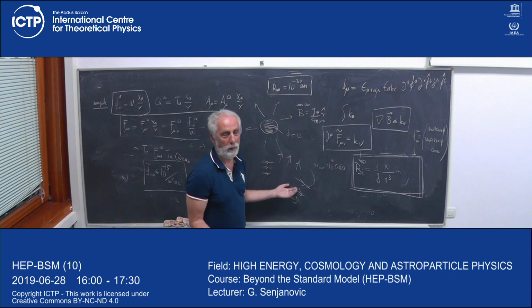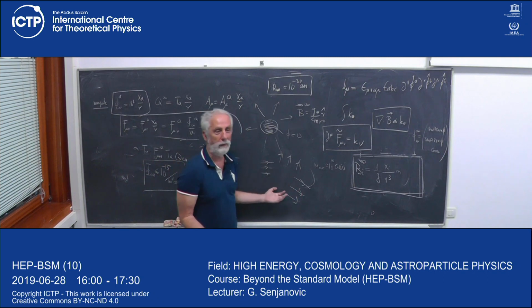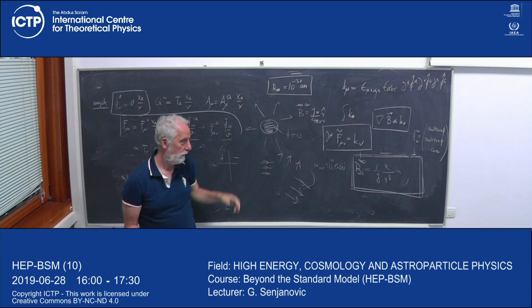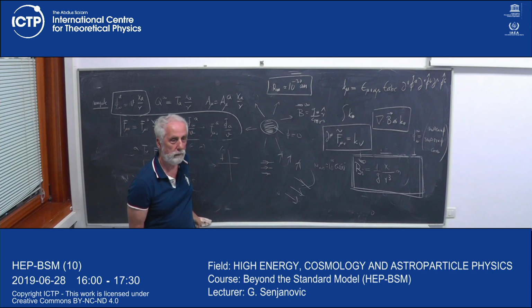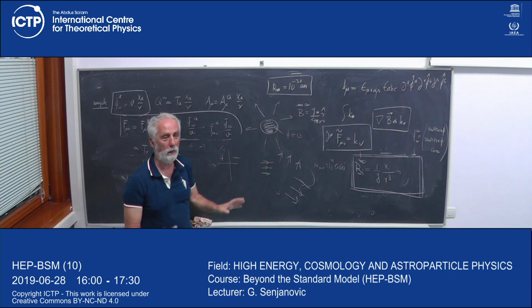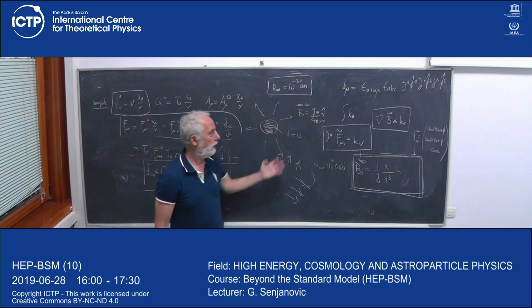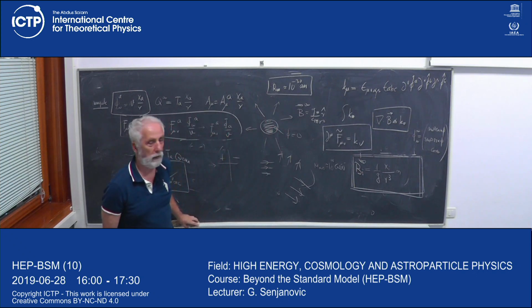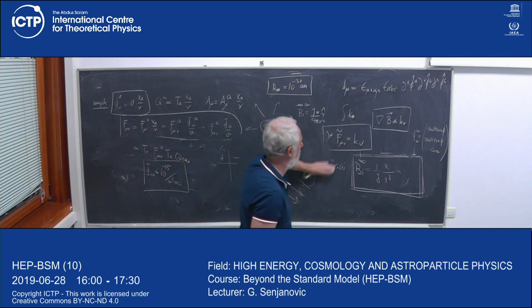I may get half a monopole per horizon or 0.1 and so on, but roughly in order of magnitude. Does that seem reasonable? The monopole has this sort of hedgehog orientation, as Polyakov called it, of the magnetic field like this. It's not that crazy, roughly in order of magnitude.